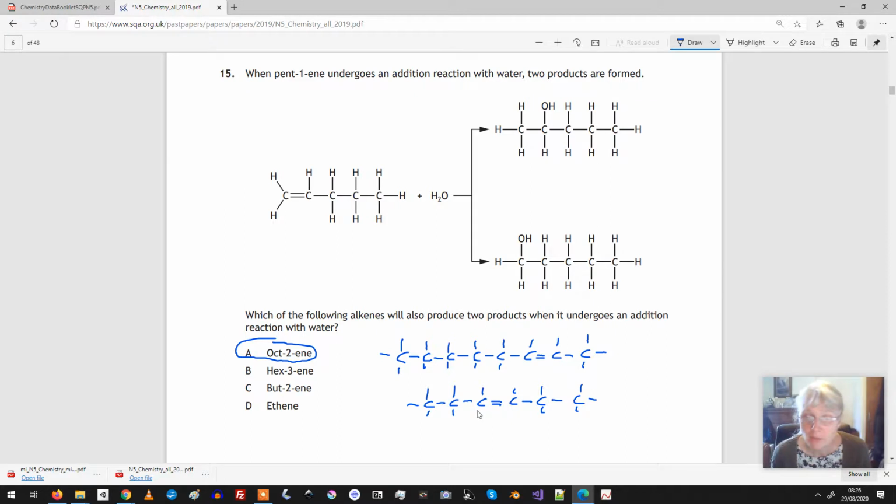So this time, if I added an OH here and an H here for the water, and then the whole thing just rotated round, it would be exactly the same, except the OH and the H would be on the other sides. And so it doesn't really matter where the water molecule joins on, whether it's OH here or an H here, with that bond being broken, it wouldn't really matter.